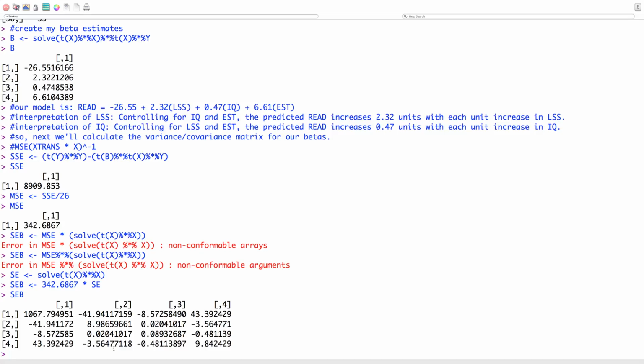Now, what's important here, if you look at the non-diagonal entries, this is the covariance between, for example, our second predictor, which would be LSS, and our first predictor. So this has a covariance of negative 41.94.